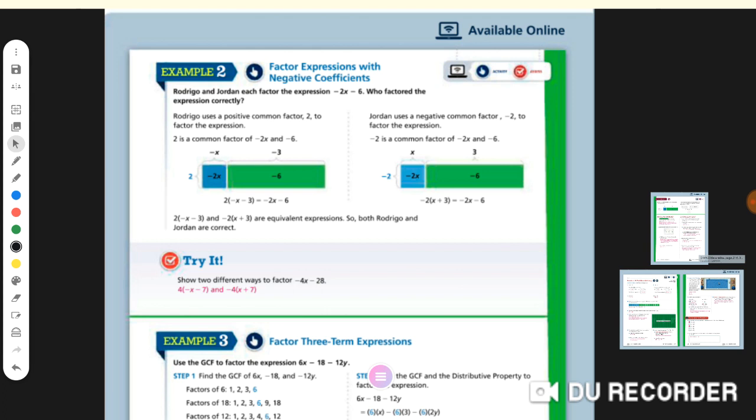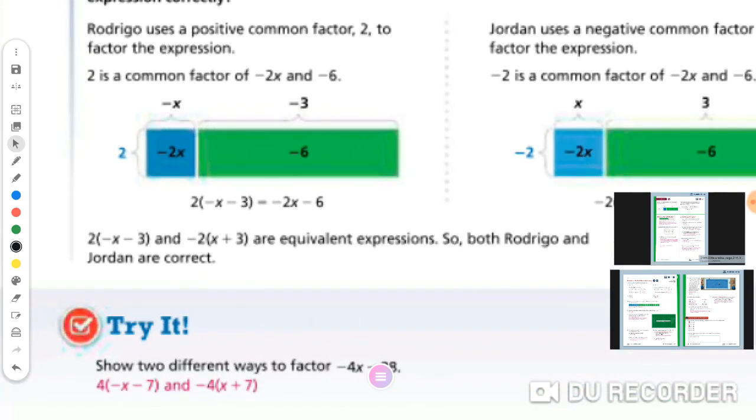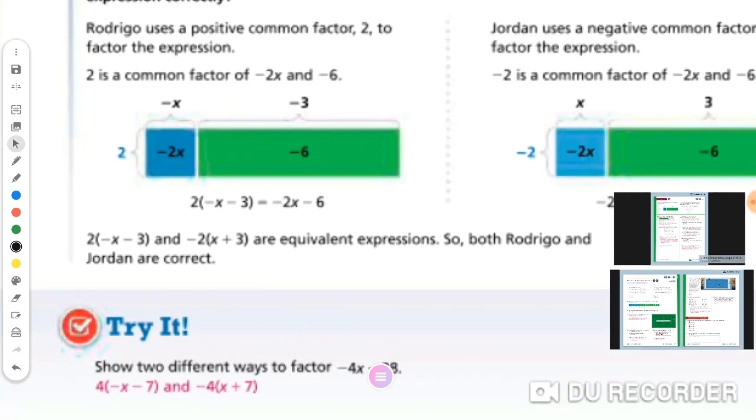This expression is written as 2x, negative 2x minus 3, and another term is negative x minus 3. Okay?